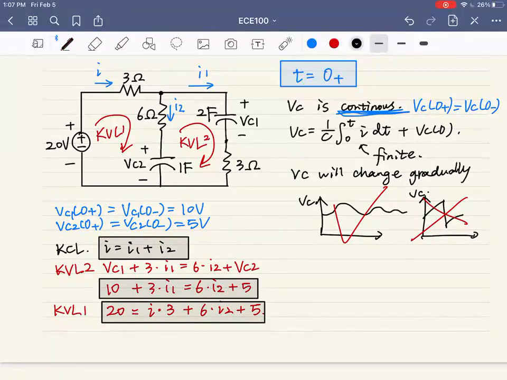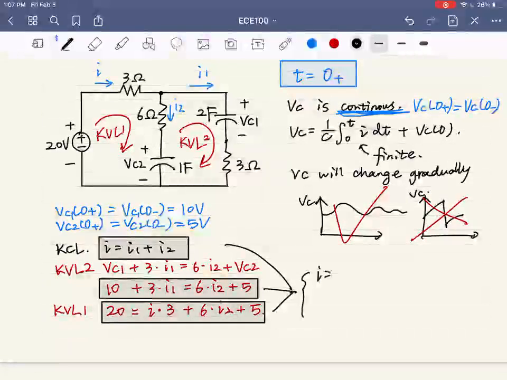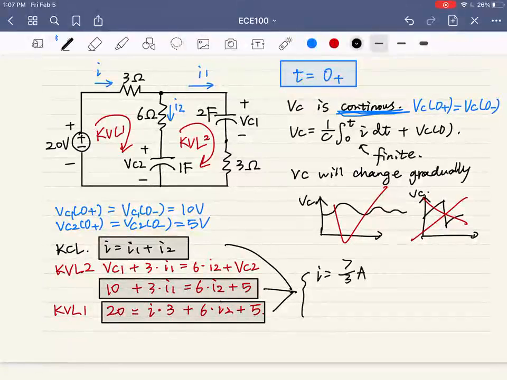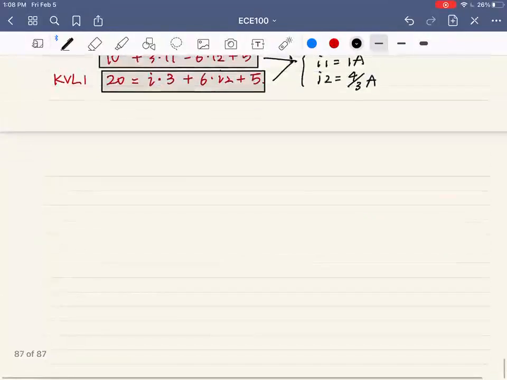Great. Combining these 3 equations, we get I equals 7/3, and I1 follows. Great. Is it clear? Okay, check your understanding.